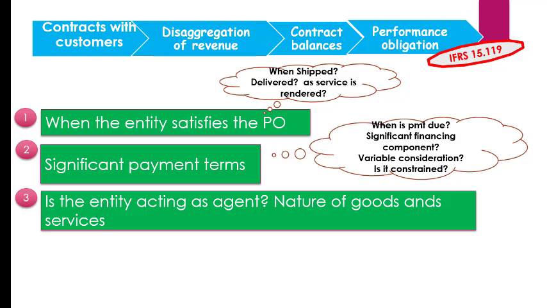Or is the performance obligation to arrange for another party to transfer goods or services? What is your part as an entity in the transfer of these goods and the receipt of revenue? Do you receive commission revenue, or is it via the sale of products or the rendering of services? So that type of specific detail is needed here.